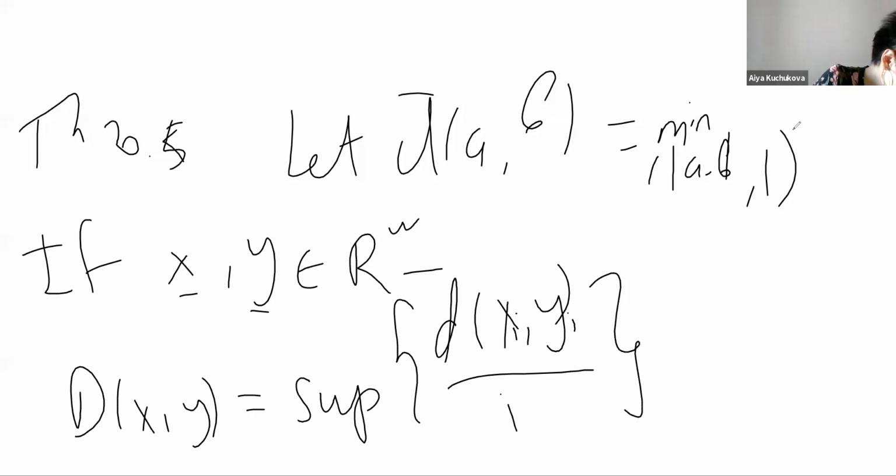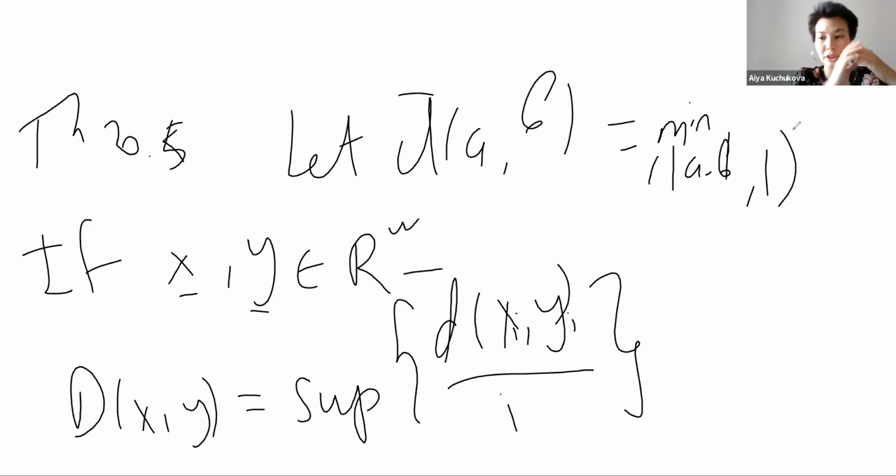Okay, so this already looks kind of interesting because we are now dividing by something which is continuously growing. And so basically we want to show that D is a metric that induces the product topology on R^omega. So how do we do that? Well, that's a good question.